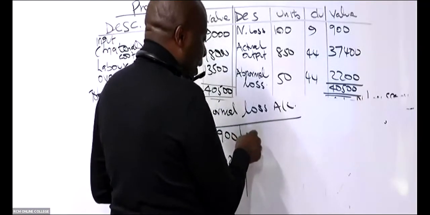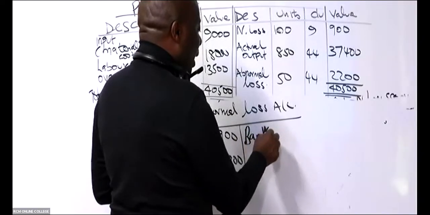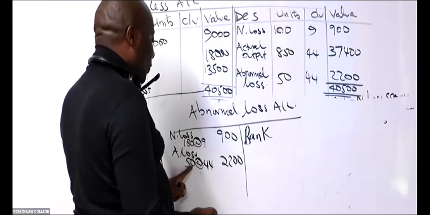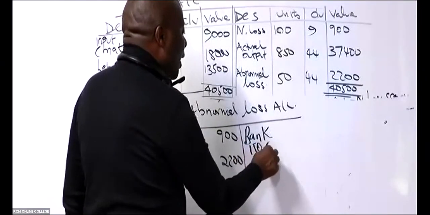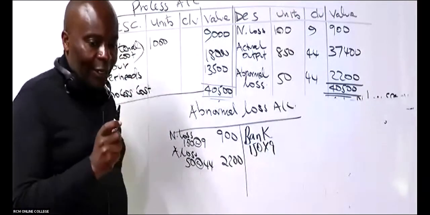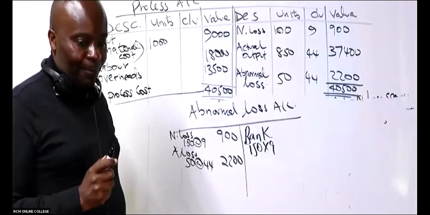So we debit bank account, we credit this account by saying bank. So the bank will be the total here, 150. Don't forget to scrap them at the scrap value given.